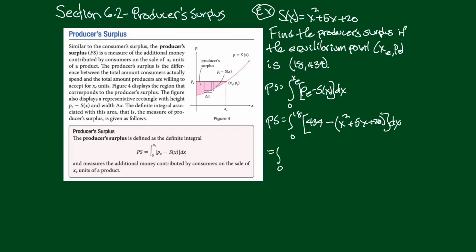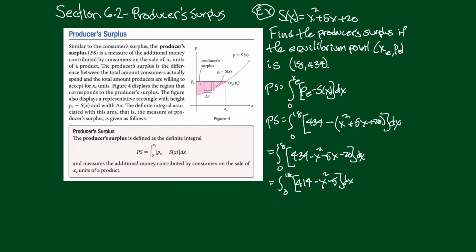This will be the integral from 0 to 18 of 434 minus x squared minus 5x minus 20 dx. This will give us the integral from 0 to 18 of 434 minus 20, which is 414, minus x squared minus 5x.